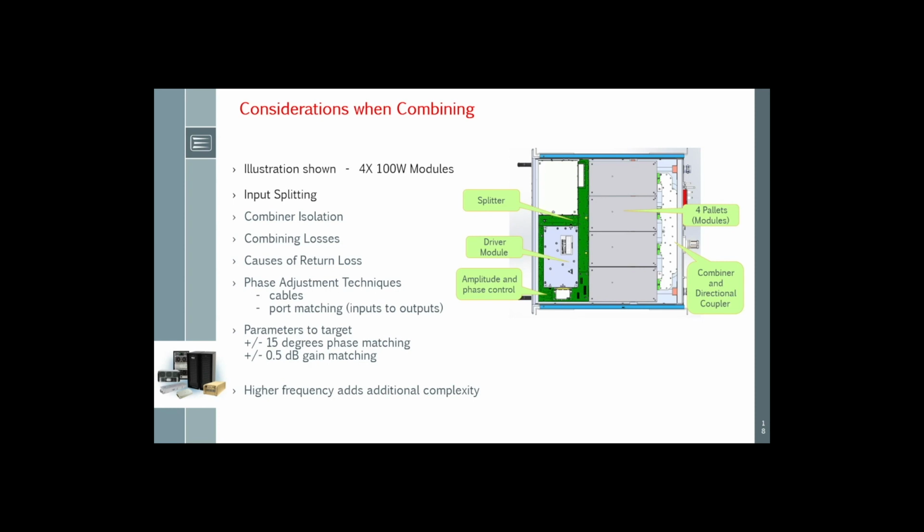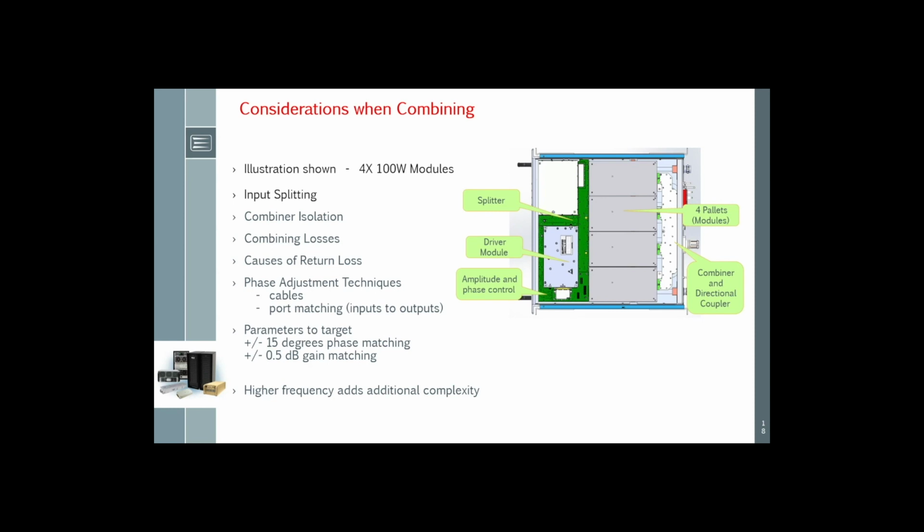So the matching of all these impedances has to be better than 13, 14 dB return loss, at least. And last but not least, you have to be sure that the phase between the amplifiers is plus or minus 15 degrees at any frequency of operation, and the gain matching is plus or minus half a dB at any frequency of operation.